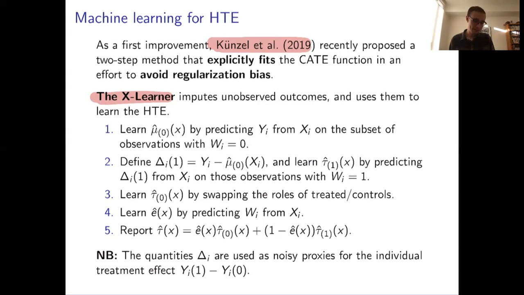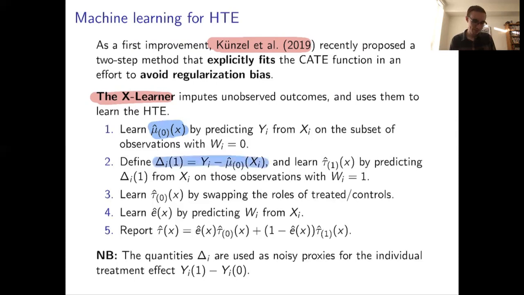We're going to start by fitting mu hat 0 like before, predict Y from X. Then once we fit Y from X, on the treated units we predict mu hat 0 of X. So crudely you could think of this as trying to impute for each treated unit what would have happened if you gave them control.